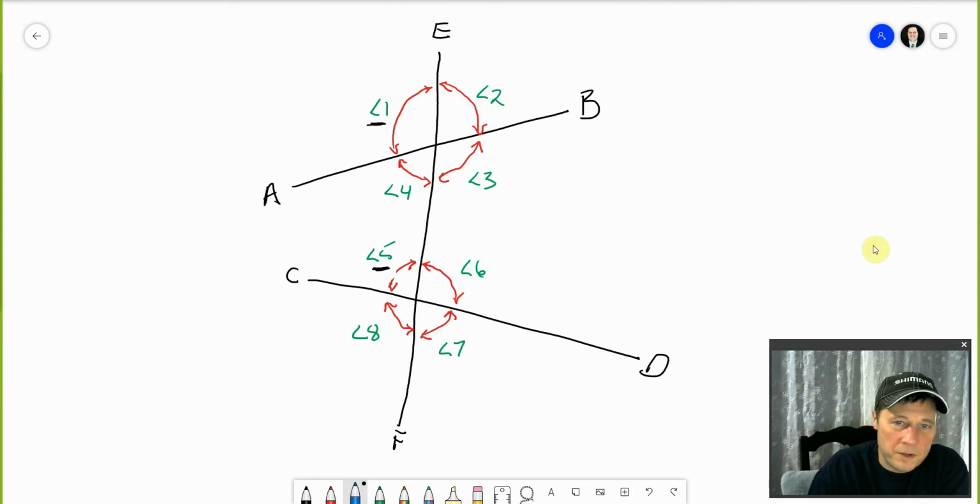So these corresponding angles, angle 1 and angle 5, they're on the same side of the transversal, but angle 1 is an exterior and angle 5 is an interior. That would mean then that angle 2 and angle 6 are corresponding angles. That would mean that angle 3 and angle 7 are corresponding, and angle 8 and angle 4 are corresponding.